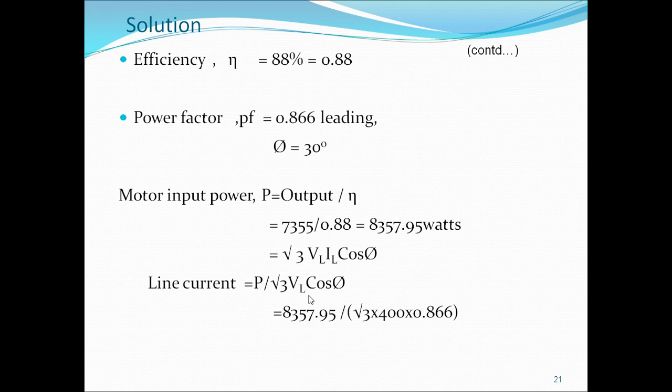If you substitute the values, that is 8357 by root 3 into 400 into 0.866, then we get a value of 13.93 amps. This is the line current. Again we have to convert this line current into phase current.